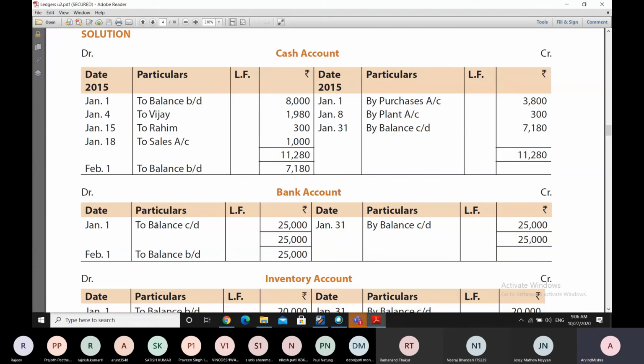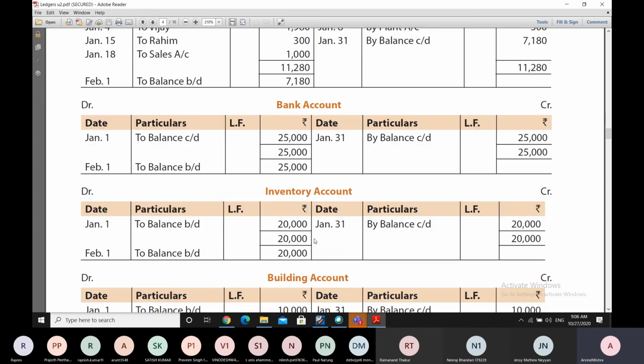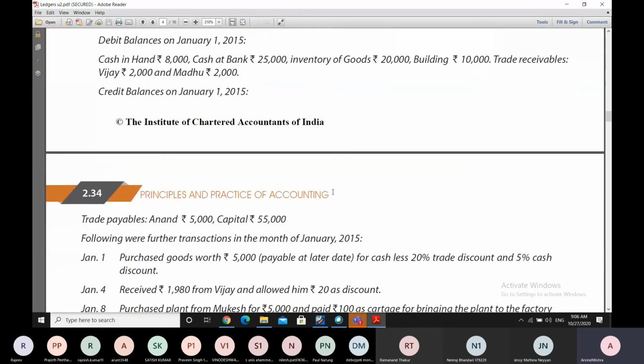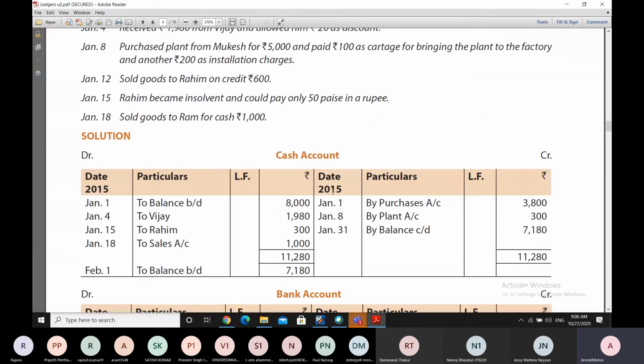So in the bank account, it should be like to balance brought down 25,000, and then on January 31, balance carried down 25,000, and then of course in the beginning of the next month, to balance brought down 25,000. Similarly for inventory account also, all the other accounts which are mentioned here, which have not been affected by any transaction, they will be just entered as opening balance and a closing balance, and that's all.